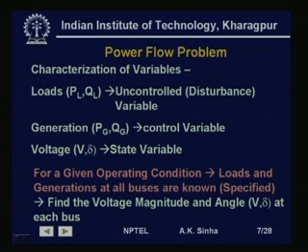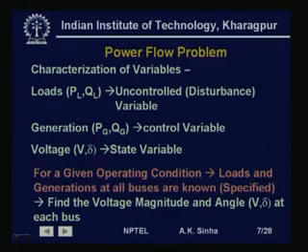So, all the loads and the generation for that operating condition will generally be specified. Given these loads and generation, the problem of power flow is to find out the voltage magnitude and angle at all the bus bars.